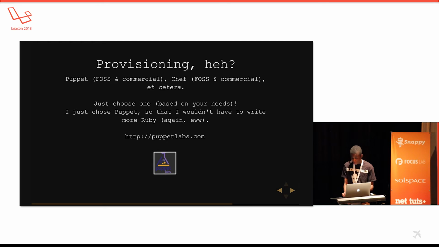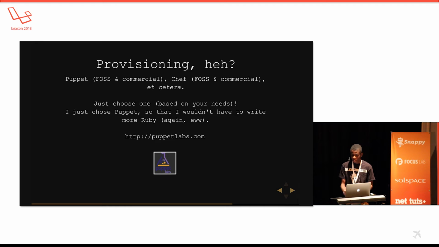For provisioning, there's a good number of tools out there. I've only actually used Puppet, but Chef is out there as well. It's really popular. Both of them are free and open source, and they also have commercial versions. Just choose one. They all do the same things, I guess. Chef has one feature that I really like called data bags, which allows you to store, for an application, all the credentials you wouldn't want people to see.